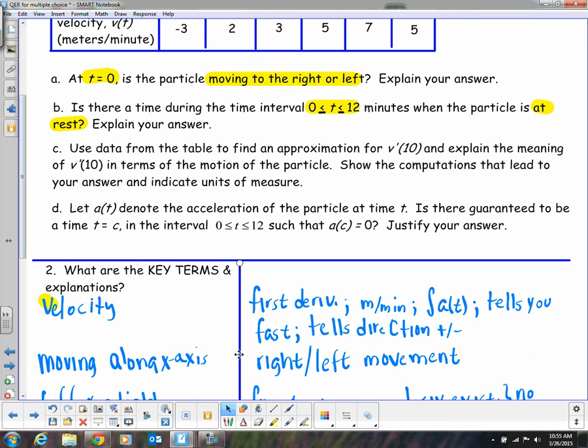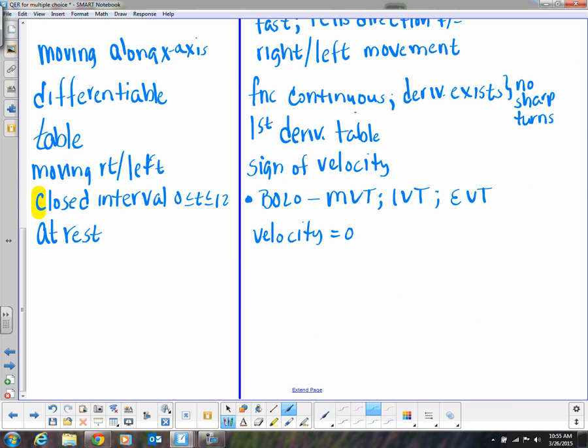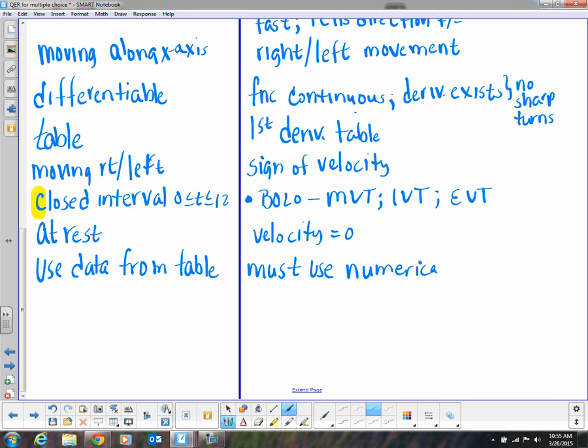Now it says, big, big, big: use data from the table. That's what I learned last summer. What does that mean? It means use data from the table. That means you must use numerical numbers from the table, not alpha numbers.